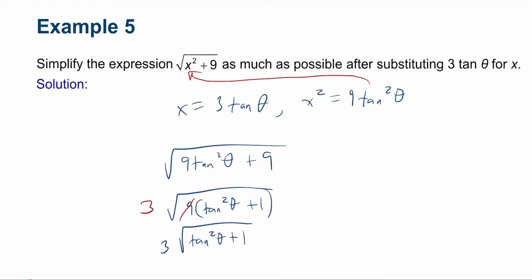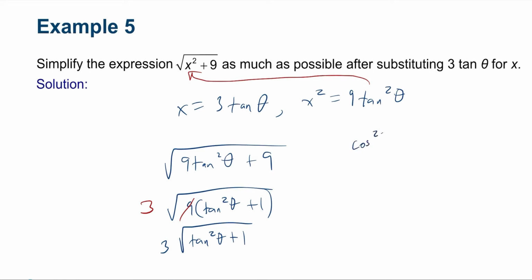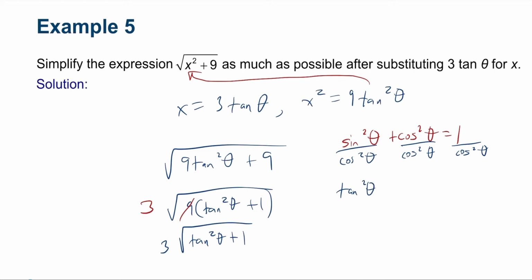So now we have 3 square root of tangent squared theta plus 1. All right. And if you guys recall, this looks like an identity. That identity would be, let's derive it from the original identity being sine squared theta plus cosine squared theta equals 1. And if we divide everything by cosine squared, we end up with tangent squared plus 1 equals secant squared theta.